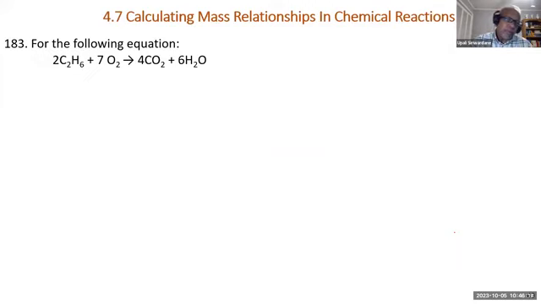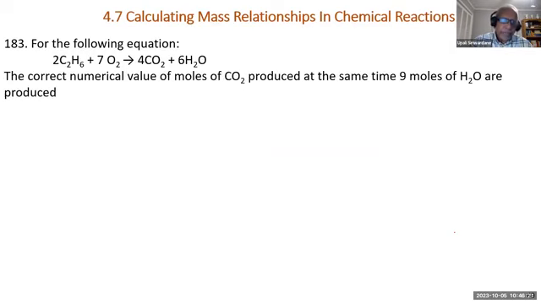Let's look at a few more problems. The following equation: the correct numerical value in moles of carbon dioxide when 9 moles of water are produced. So you have to get the conversion factor between carbon dioxide and water. It's 4:6.